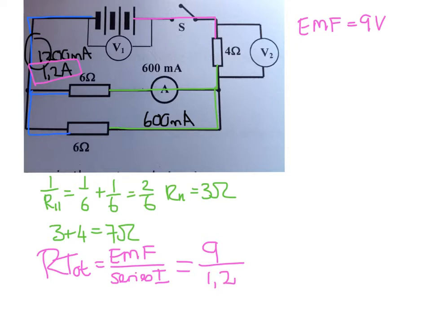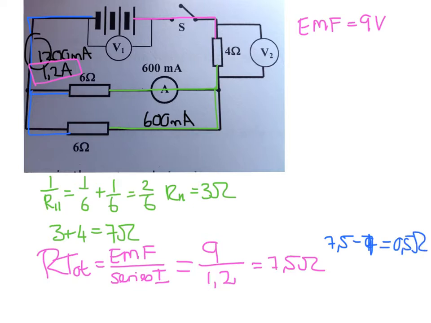And I land up with an answer of 7,5 ohms. Well, 7 of those ohms come from the external circuit. What about this 0,5? Obviously, the internal resistance is 7,5 minus 7, which is equal to 0,5 ohms of internal resistance.